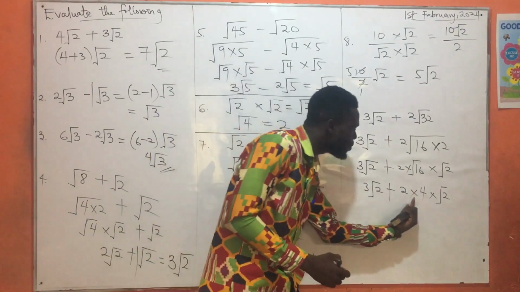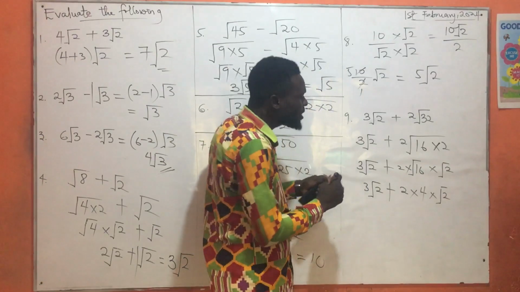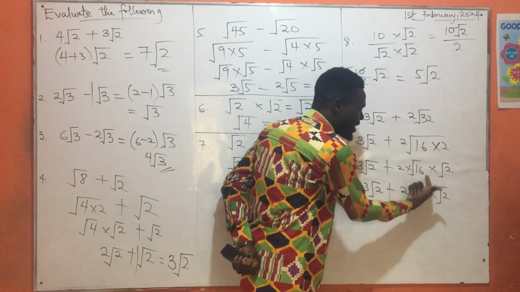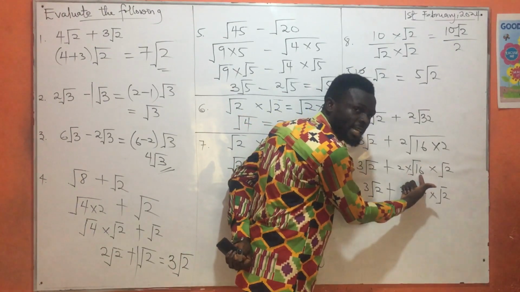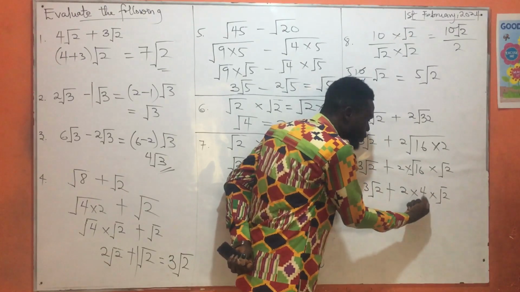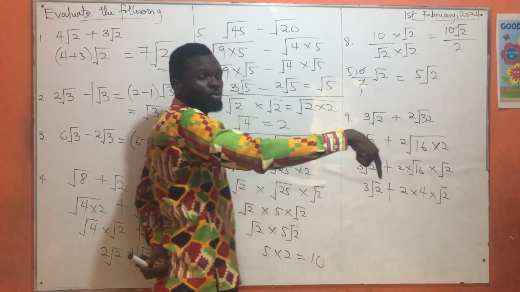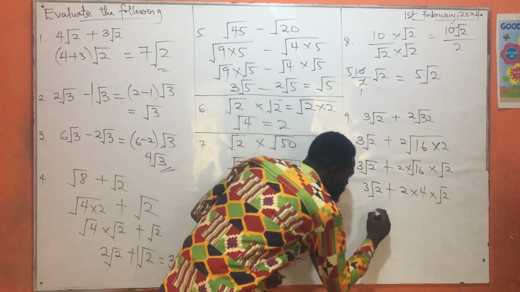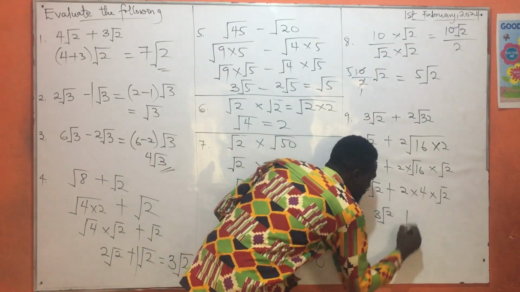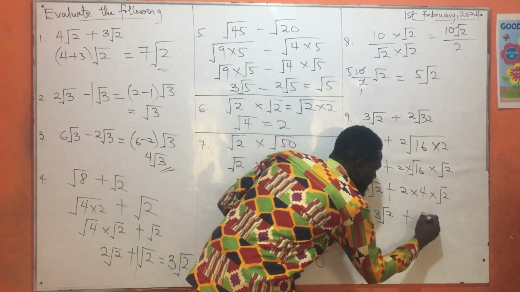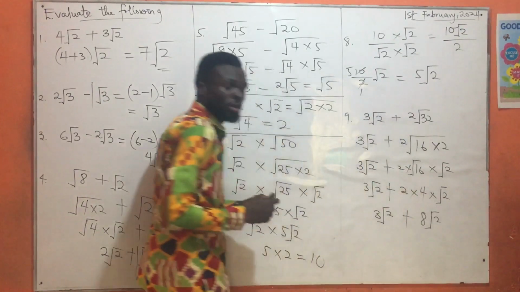So now we can multiply this. The moment we are able to get the square root of 16, which gives us 4, we will use the 4 to multiply the initial number in front of the root 32, which is the 2. So this is going to give you 3 root 2 plus 4 times 2, which is 8 root 2.